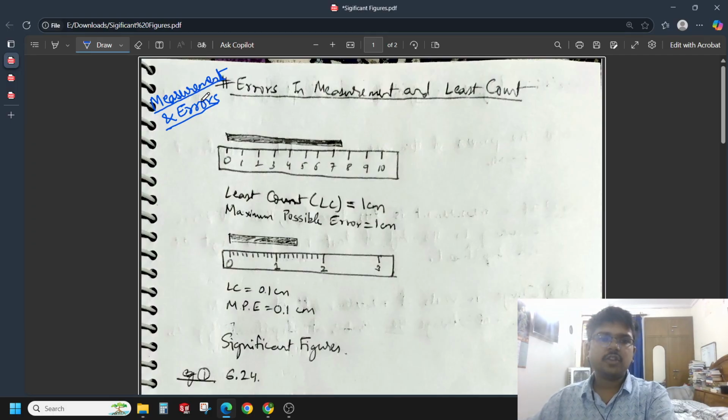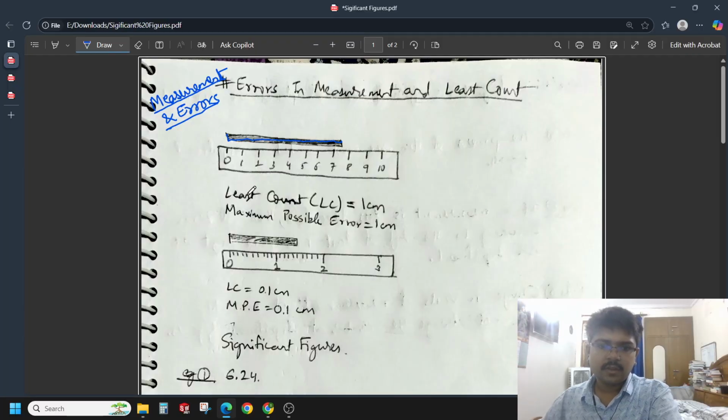So the very first topic that we are going to study is errors in measurement and least count. When we have to measure an object, suppose this black object here, we use a scale on which the markings are from 0 to 10 in centimeters.